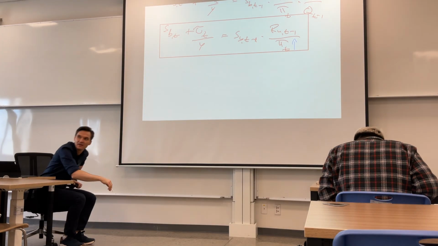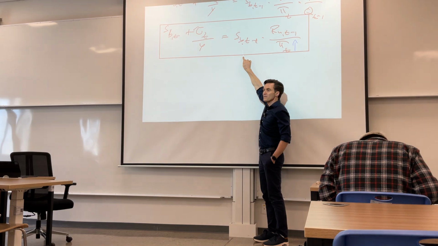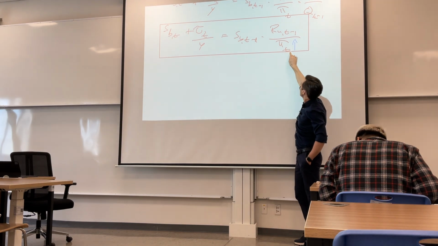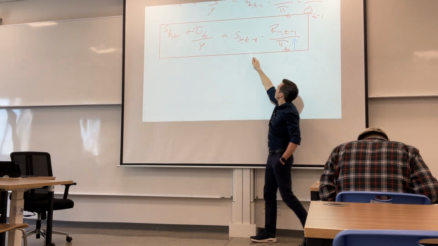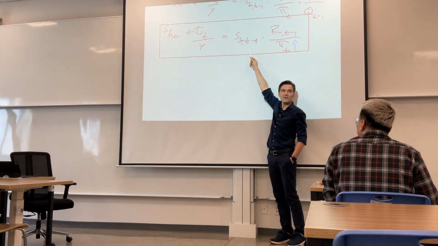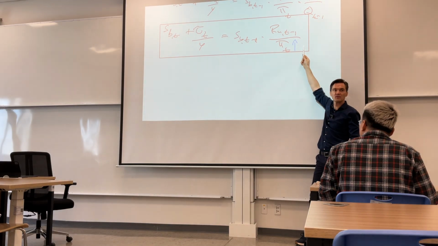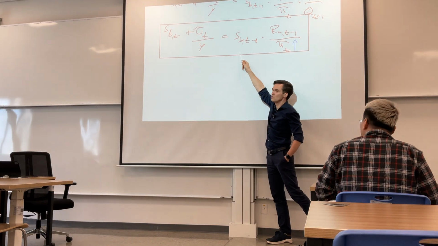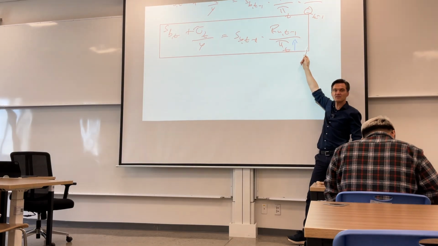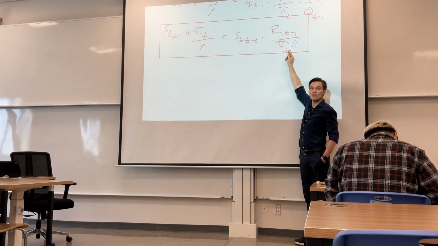Notice this is sb,t minus 1, and if inflation goes up, it's going to reduce the right-hand side of this equation. What's the right-hand side? This is the market value of outstanding government debt, in the sense of what you have to repay the people that lend you money. And if inflation is up, you're going to erode the real value of government debt.